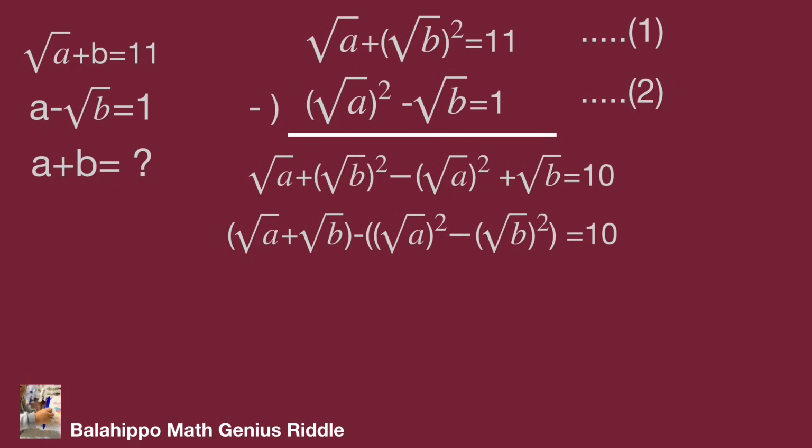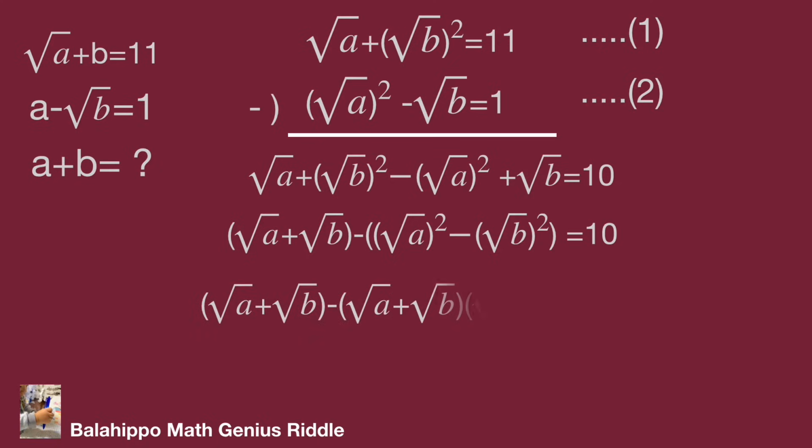Adjust the sequence of the items. The equation is: quantity square root of a plus square root of b, minus quantity square root of a squared minus square root of b squared, equals 10.